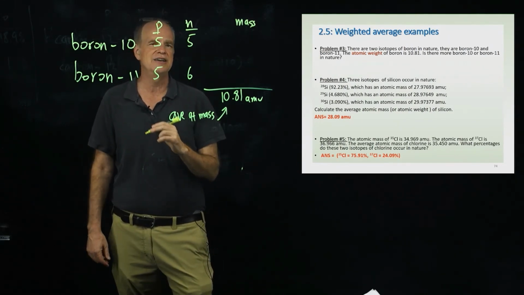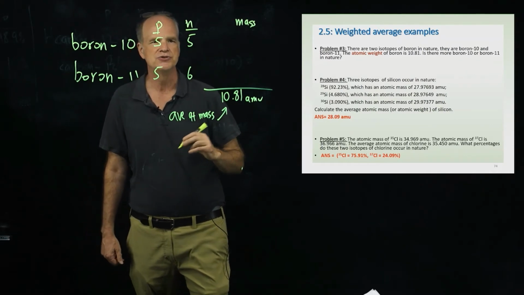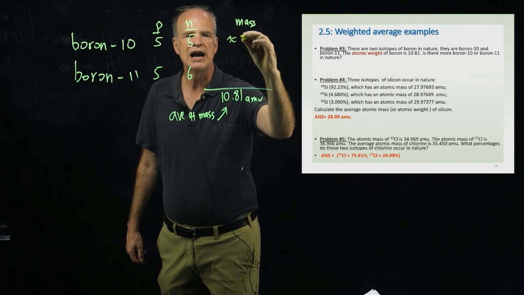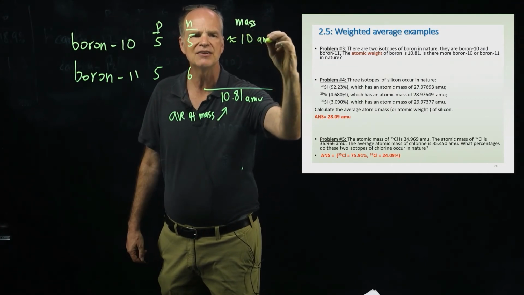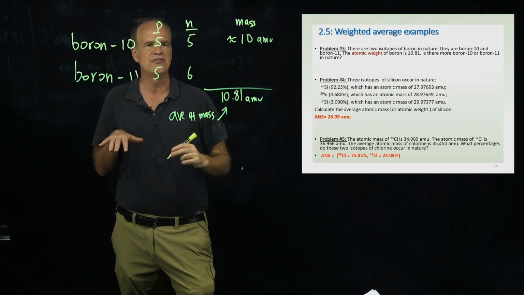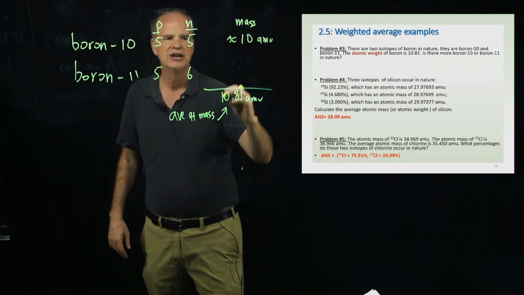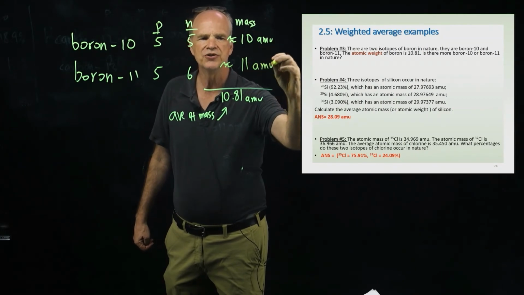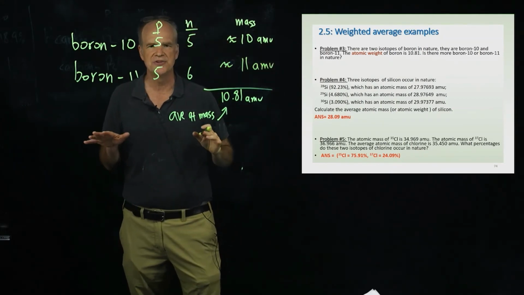So boron 10 has 5 protons and 5 neutrons, so we might expect the mass in AMUs to be around 10. It's not going to be exactly that, but it's going to be around that. With boron 11, there are 5 protons and 6 neutrons, and so we might expect the mass to be about 11 AMUs.